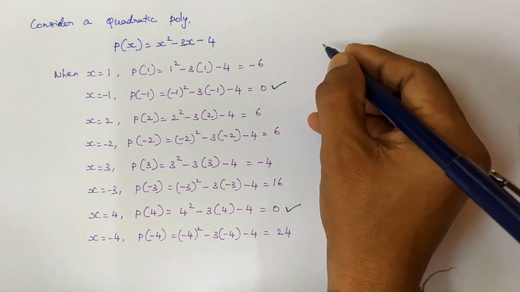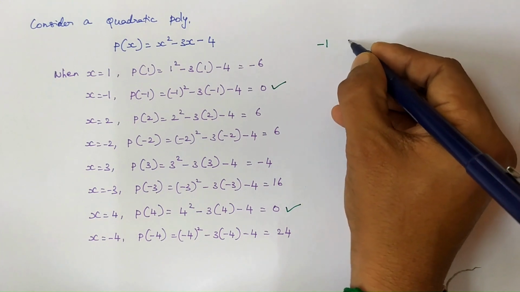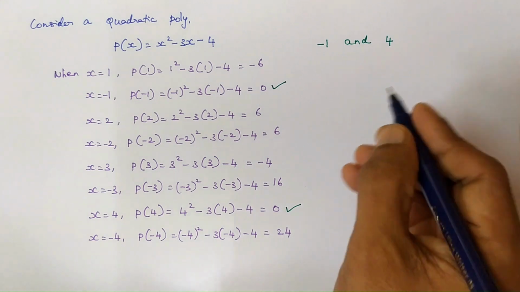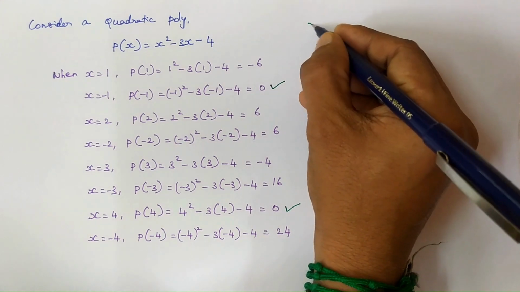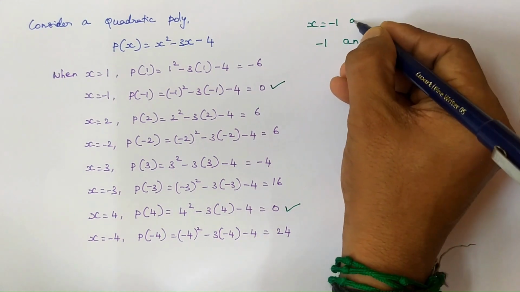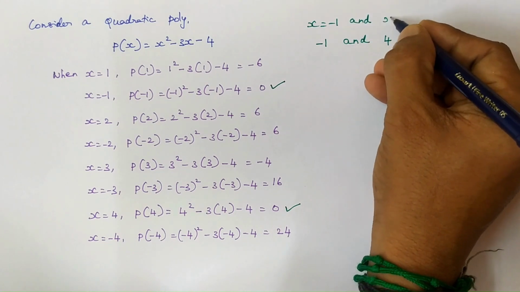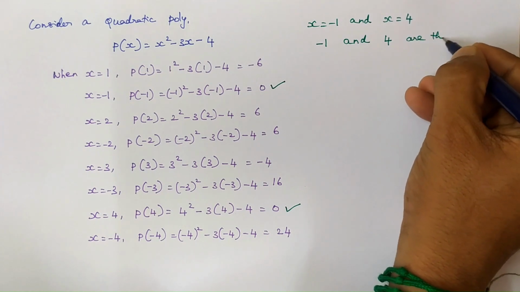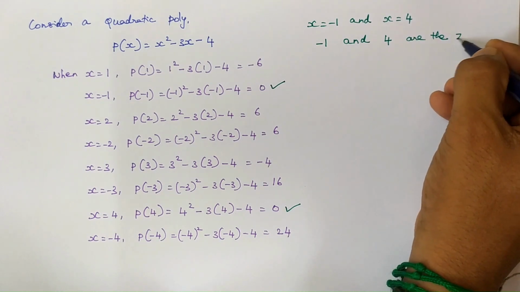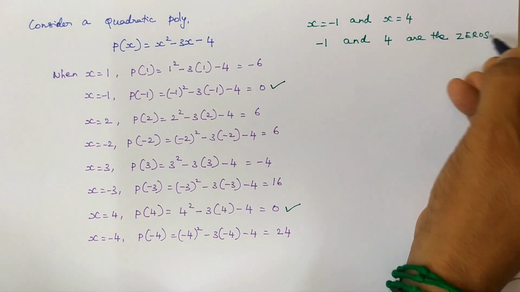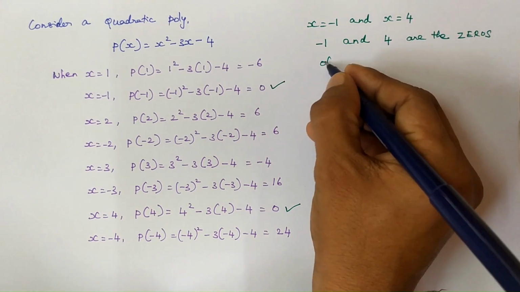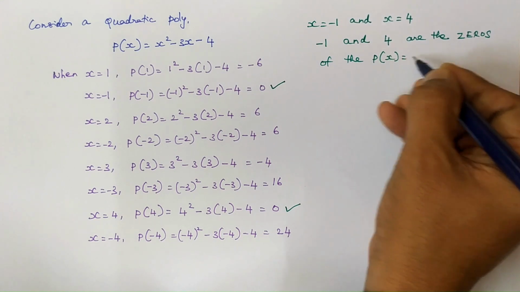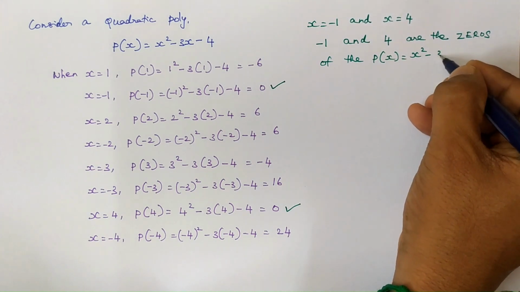So here minus 1 and 4, that is x is equal to minus 1 and x is equal to 4, are the zeros of the polynomial p of x is equal to x square minus 3x minus 4.